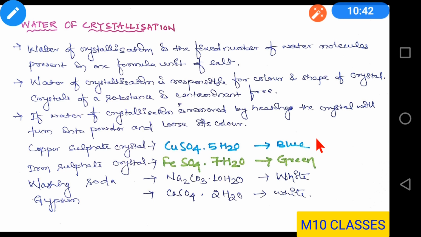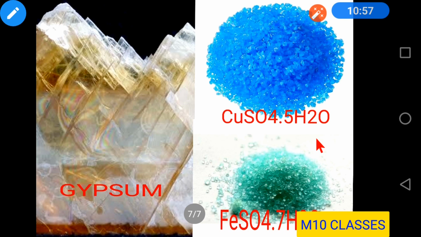Washing soda Na2CO3 10H2O is white in color. Gypsum is slightly colored, that means slightly white, generally transparent, and its formula is CaSO4 2H2O. Now, see here, these are the colors of different kinds of salt. Here, copper sulfate is blue. This is iron sulfate crystal, it is green, and this is gypsum.